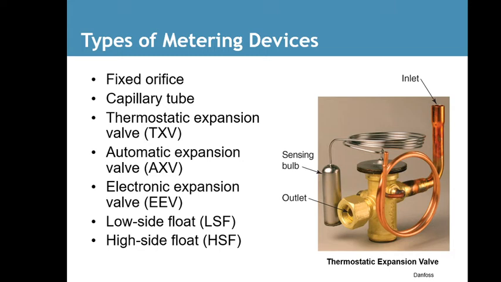Some of these are really used in commercial units and chillers. Usually the top three are the only ones you'll see on residential systems. They show the TXV on the right-hand side there. The sensing bulb is the key to this. The sensing bulb is what tells the system to let more refrigerant in or let less in.